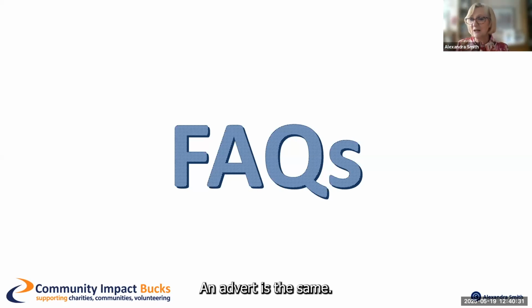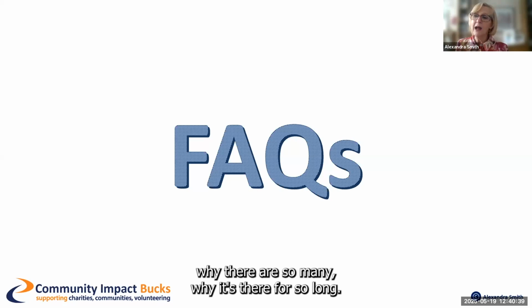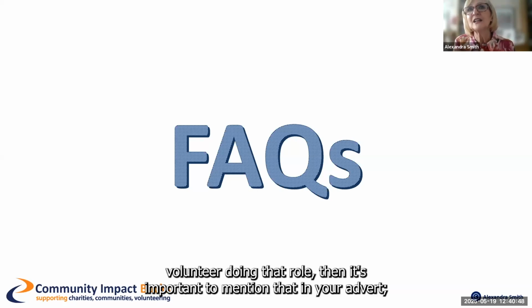An advert is the same. If an advert is there continuously, then it poses questions to people about why there are so many, why it's there for so long. And if you need, say, more than one volunteer doing that role, then it's important to mention that in your advert.